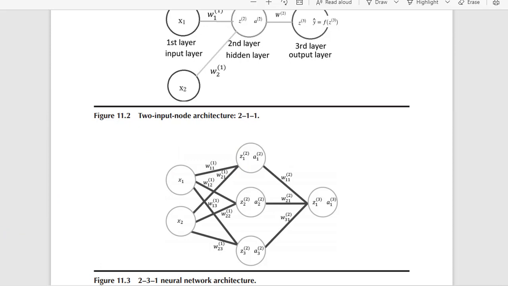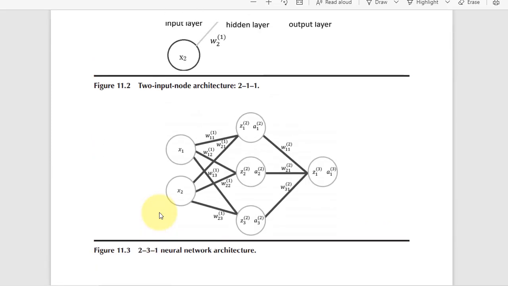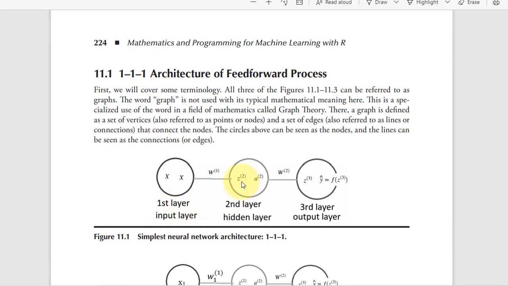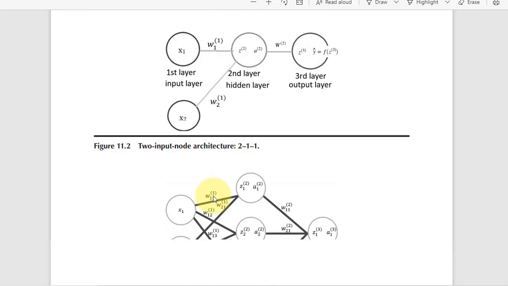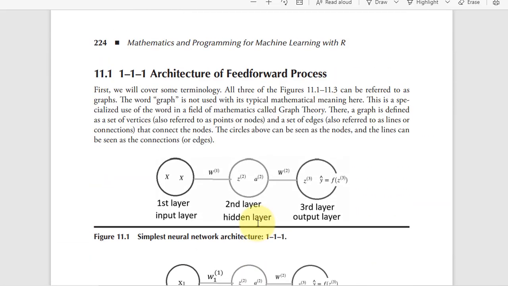So let's see if we can summarize all of this using a little bit of mathematical notation. What is Z2 in the first case in here? Z2 is just x times this. So let's see that here. We have that Z2 is x W1. Now I've used small case x and small case W1 in this case because this could be a matrix.